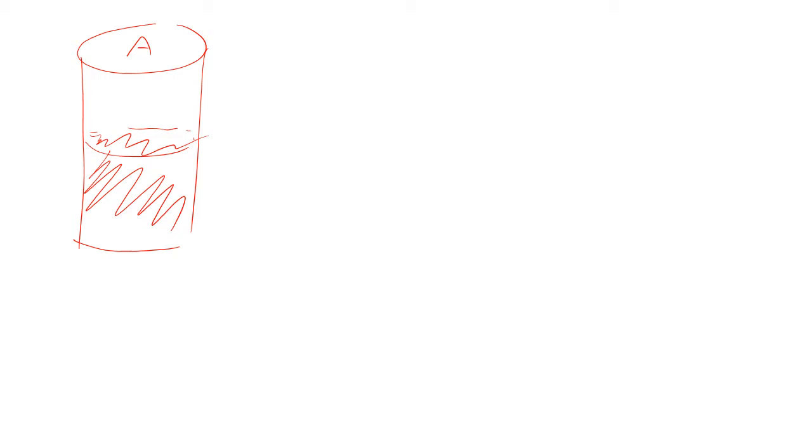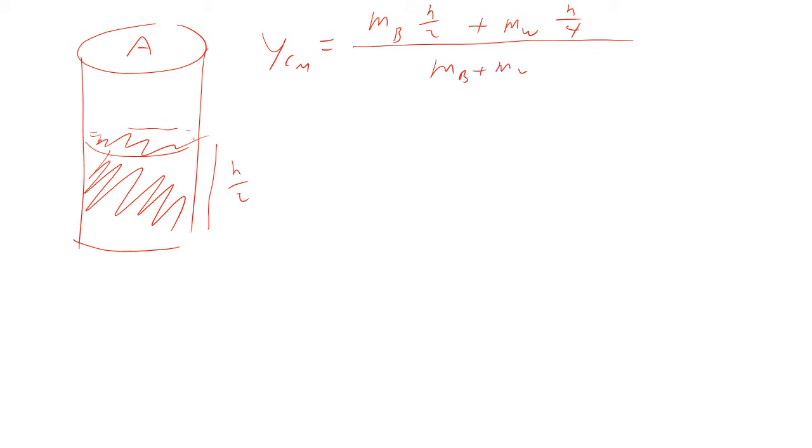Well, now the center of mass is a little more complicated, so we have to figure this out. The y center of mass is going to be equal to, well, the water is now filled up to some height h over 2. It's kind of like we did with the previous problem: the mass of the barrel times h over 2, the center of mass position, plus the mass of the water times h over 4, because it's about half of that, divided by the mass of the barrel plus the mass of the water.